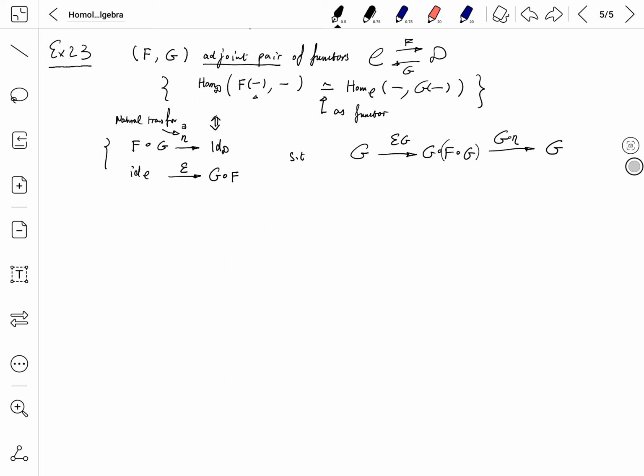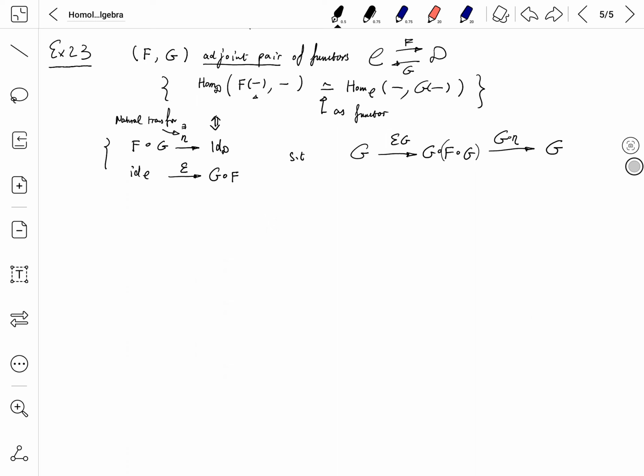Eta gives you a natural transformation from F composed with G to identity, and so G composed with this gives you a natural transformation from G composed FG to G.